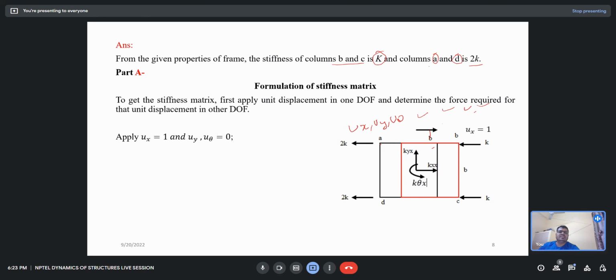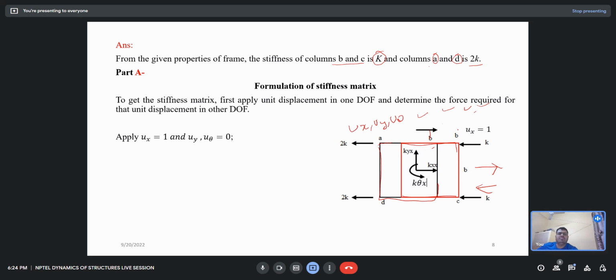The black one is the original position of the slab, and if I apply the unit displacement in the x direction, my slab will move by the unit displacement 1. So there will be forces generated at each degree of freedom. We have 4 columns, so forces develop in them, in the opposite direction to the displacement, the stiffening force.